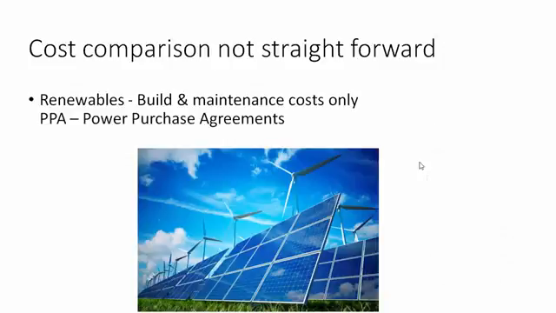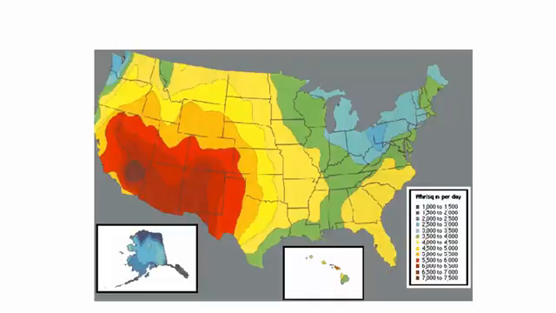But even within that, renewables are going to vary a lot in cost around the world. Let's take one example, solar energy and photovoltaic panels. If you were to put up a PV array in a sunny place like Arizona, that's going to pay for itself much more quickly than, say, a solar farm in a cloudy place like Alaska, simply because the solar gain in Arizona is far bigger than the solar gain in Alaska.